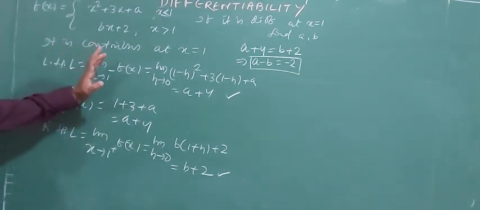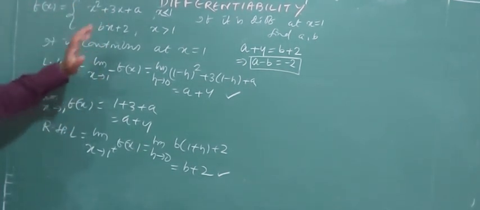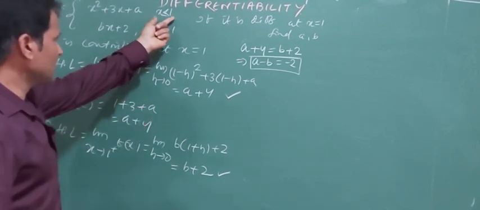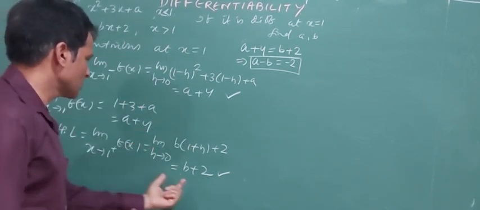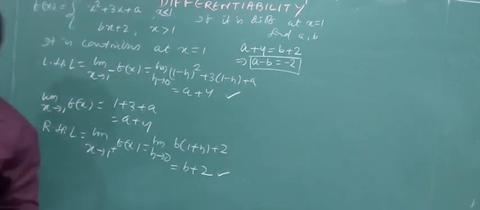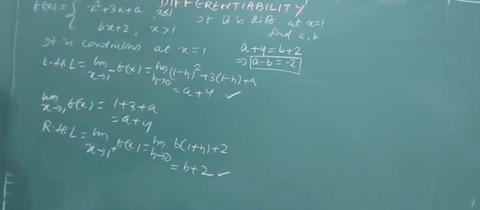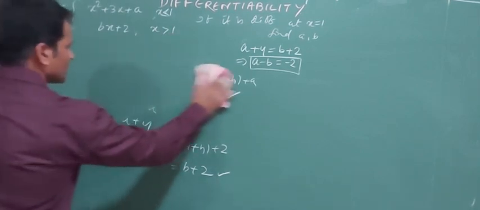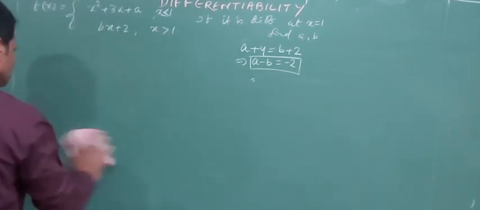As it is continuous at x equals to 1, the left hand limit and right hand limit at the point are the same: a plus 4, and b plus 2. I got one equation here, one condition.